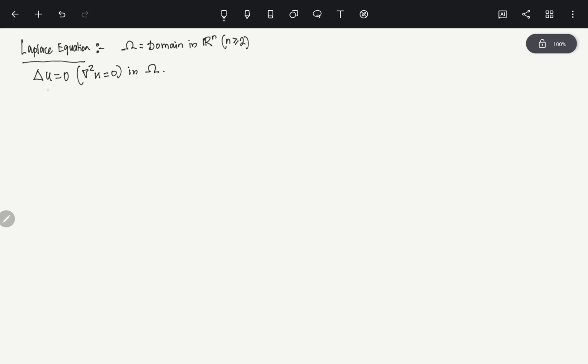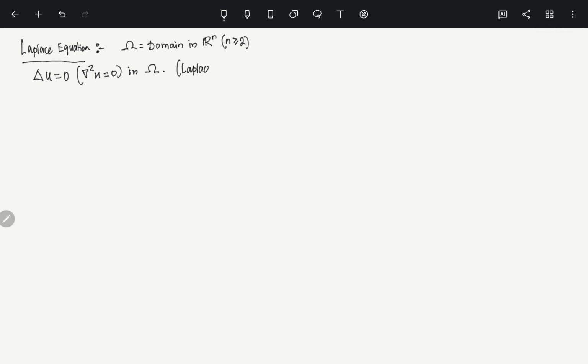So you are looking for a u which is defined from, I will write that down later, from omega to R, which satisfies Laplacian u equals 0, and you want to find out if there is such a u. That's the point. So this is called the Laplace equation, right?